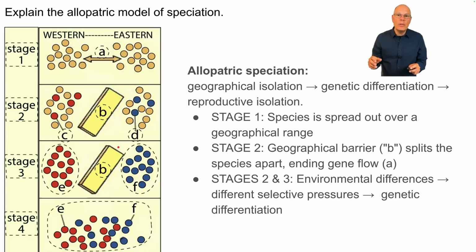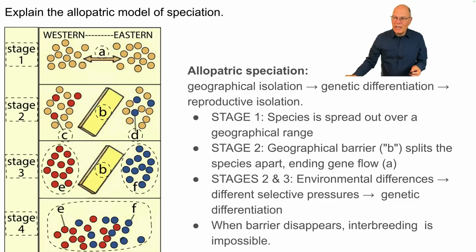In stages 2 and 3, environmental differences result in different selective pressures, which lead to genetic differentiation. There's mutation happening, and the environment is selecting which variants are going to be more favorable in each different environment. And finally, when that barrier disappears, the two formerly subspecies have become so different that they can no longer interbreed.